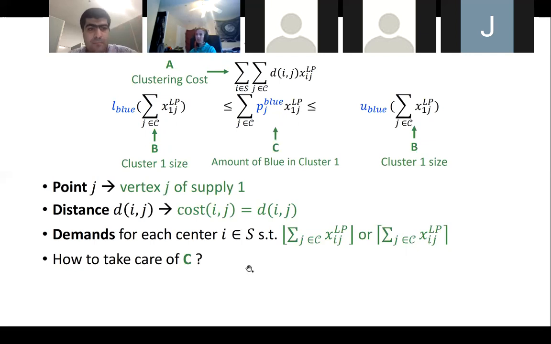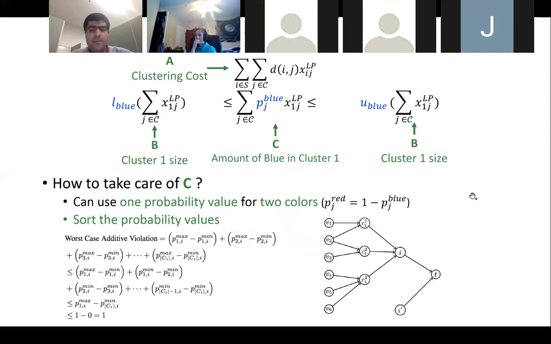The amount of blue color. For the two color case, we actually just need one probability value, right? Because the probability of being red is just the complement of being blue. We'll not go into detail, but at a high level, we sort the probability values. So V1, V2 are sorted according to their probability values.